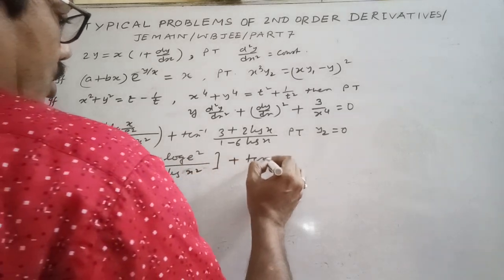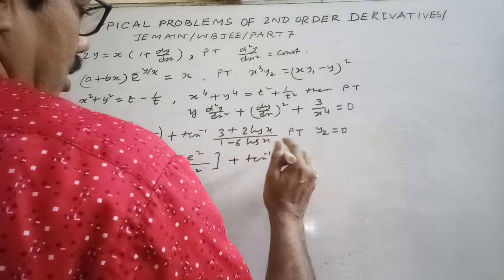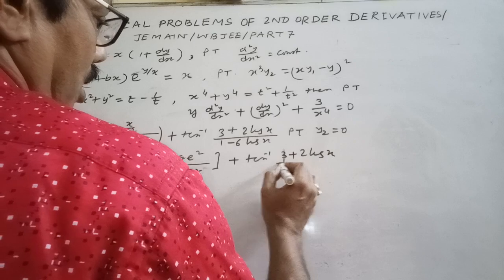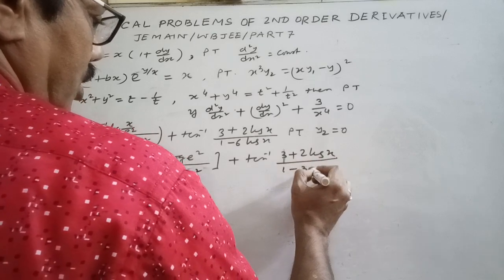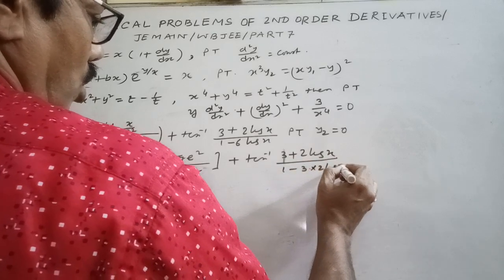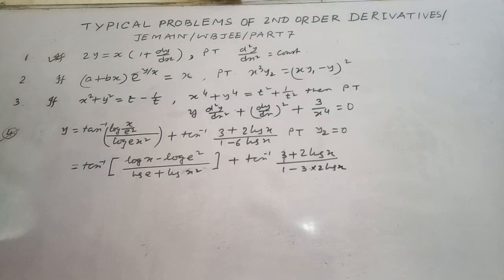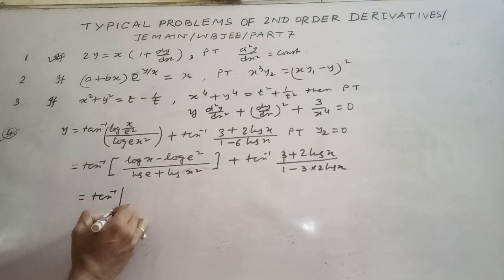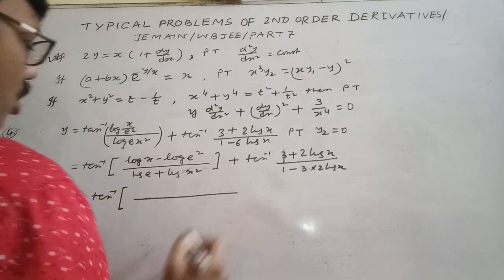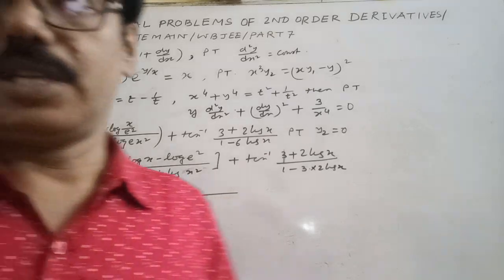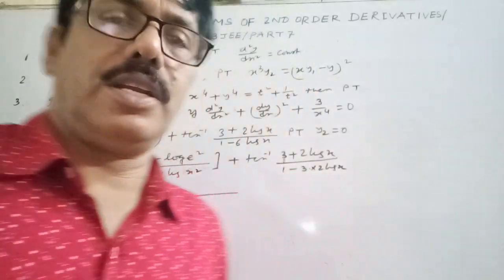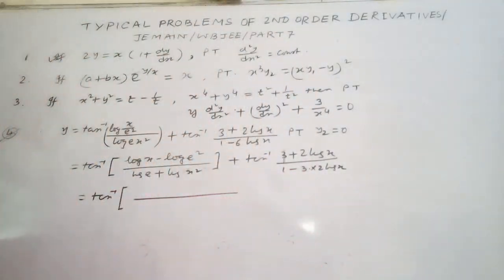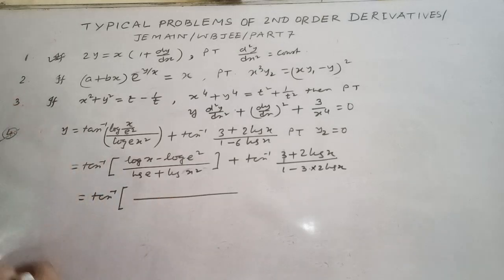And this one is tan inverse of (3 plus 2 log x) by (1 minus 3 into 2 log x). So obviously the base of log is e. Whether it is given or not in mathematics, if we write it in the form of log, then also the base is e.